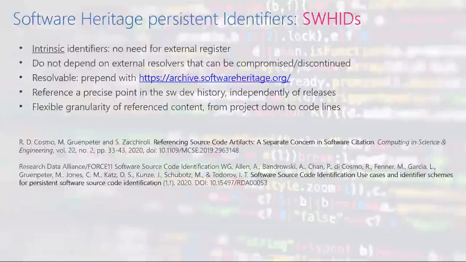Not only a release, but you can reference any commit and any file within a commit, and even any line of code within a file within a commit. So it's super fine-grained. It goes from the whole project to a single line in a certain version. It's super flexible.